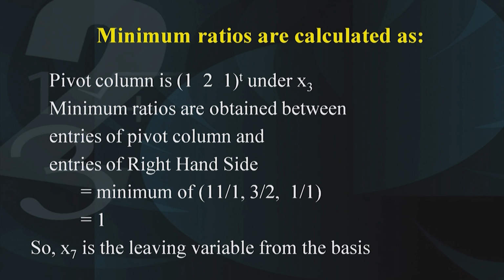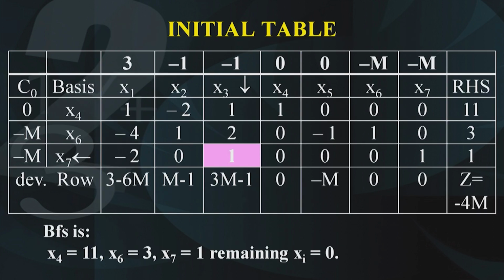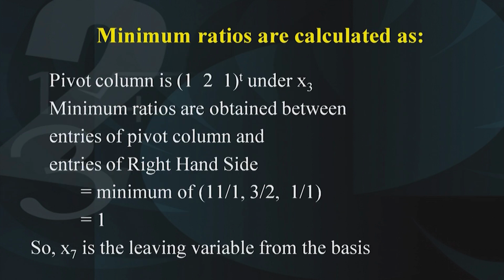Now, the pivot column is 1, 2, 1. Why 1, 2, 1? Because it is under the x3 column. Look at this, under the x3 column, this is the pivot column. So, we need to compute the minimum ratios between the right hand side and the pivot column. And what are the minimum ratios?